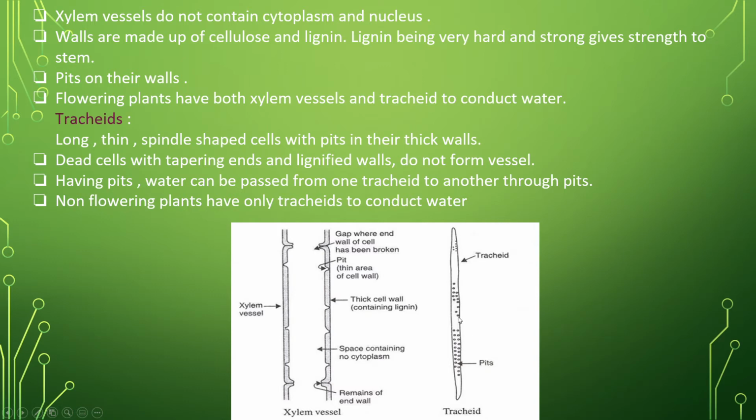There are so many pits. Pits means there are small pores, and through these pores water can pass from one trachea to another trachea. And non-flowering plants have only tracheids to conduct water.